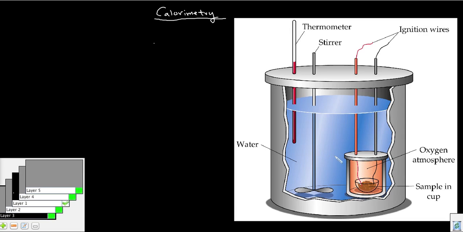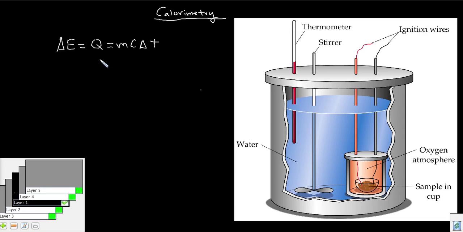The amount of thermal energy in here will transfer to the water. So basically, my equation is going to look like this. As I look at the water, my change in energy is going to equal my Q, which equals mass times specific heat times change in temperature.